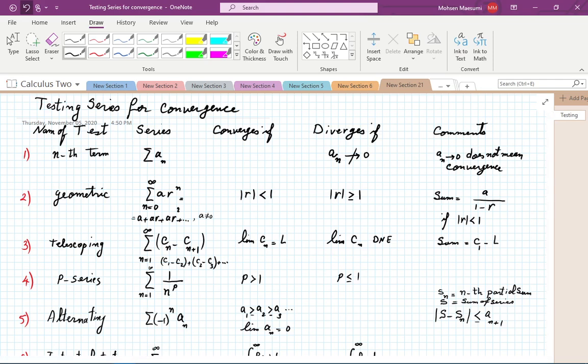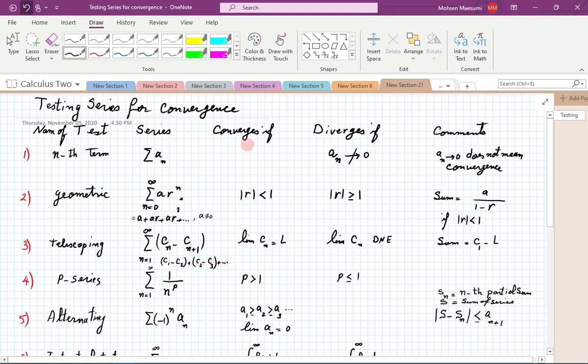Next, we had a few problems related to telescoping series. Telescoping series means that the first term can be written as a difference of two numbers, for example c1 minus c2, and the next one is the difference of c2 and c3, and the next one is the difference of c3 and c4, and so on. So telescoping simply refers to the cancellation of the consecutive terms.